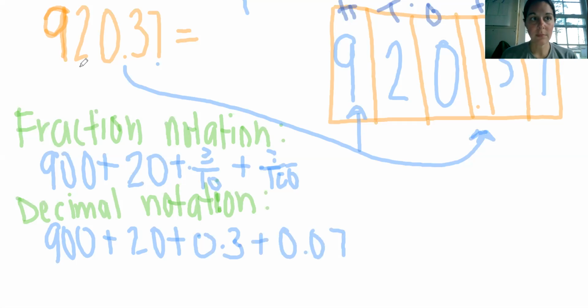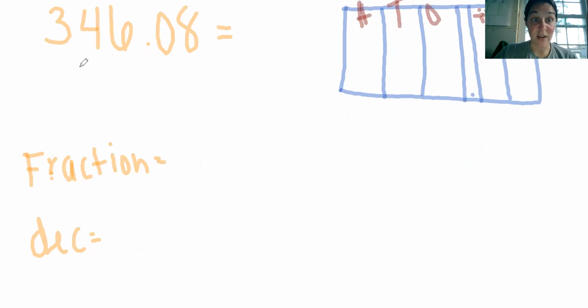All right, we're going to do one last example, and then that's it for lesson 7, okay? Let's read our number together as we have it. Let's switch out our color. You know I like to be jazzy. 346 and 8 hundredths. Oh goodness, now I don't have any tenths. Let's just plug it into our place value chart and figure it out together.